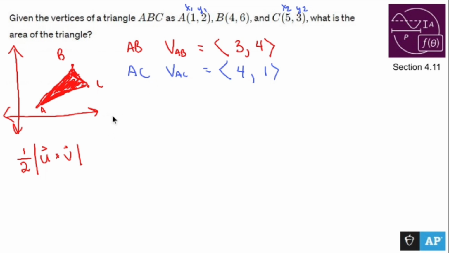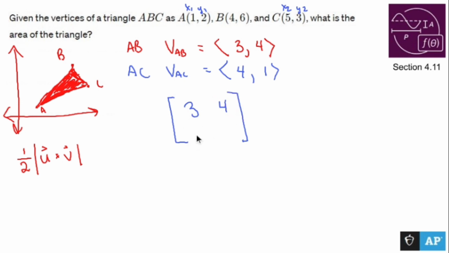Okay, now the way I do cross products is I'm basically going to do what's, in a sense, a matrix. So let me write it out as a matrix, because why not? I have my one vector, which is going to be 3, 4.